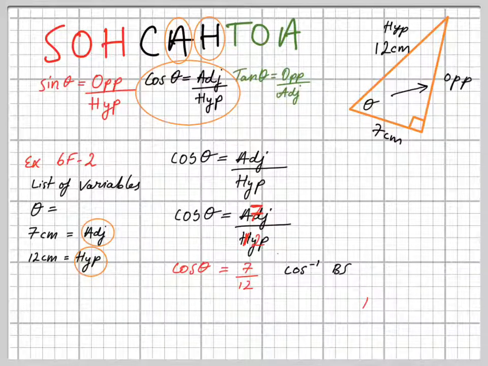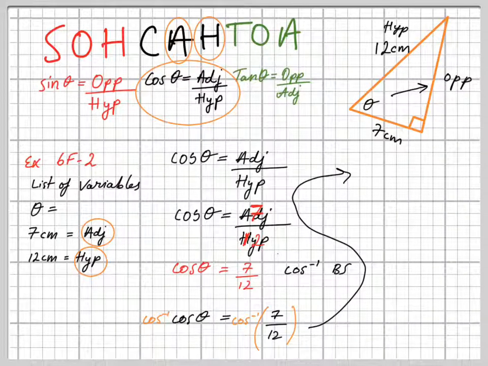So we'll do that. So we have cos theta is equal to, I'm going to put the fraction a bit further to the right, and now we're going to inverse cos on both sides. So cos inverse, put the brackets here. Just going to clean this area up a bit. Now I'm just going to shift all of this onto this side here. So now we know that our cos and cos inverse cancel.